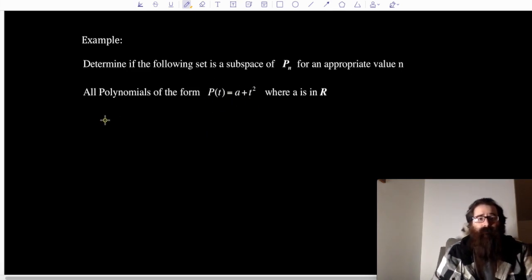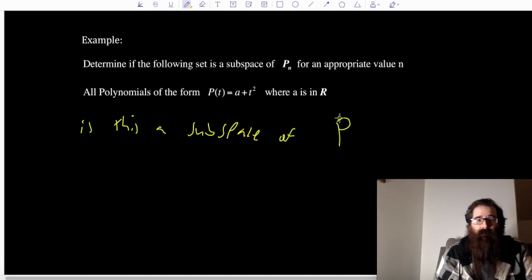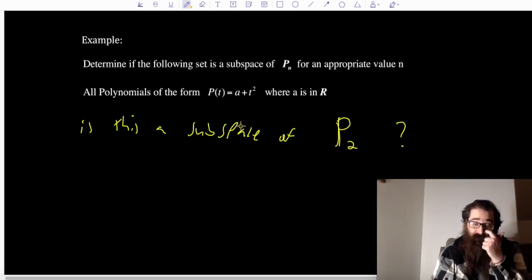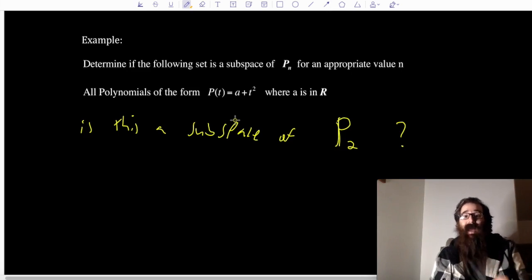So I want to know, is this a subspace of polynomial space P2, since I have degree at most 2? Now, in order for this to be a subspace of a polynomial space, I need those three axioms to hold true.